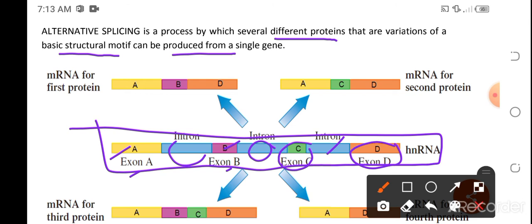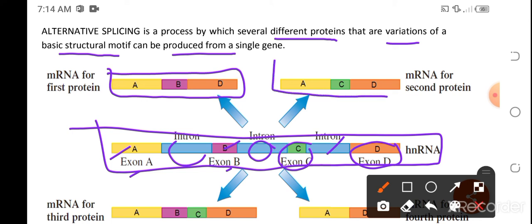Okay. Alternative splicing is the process wherein mabo-modify yung pwedeng ma-produce na mRNA. And because of this modification or variation, ma-produce ang varied or very diversified na mRNA. Okay, so pwede daw na ADB lang, pwede rin na ACD.